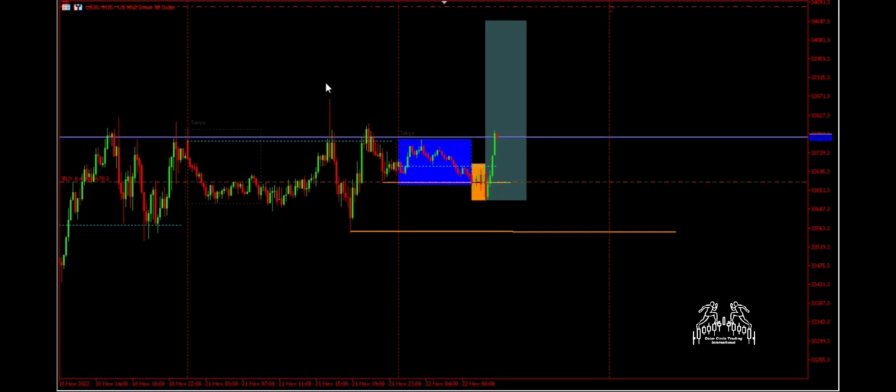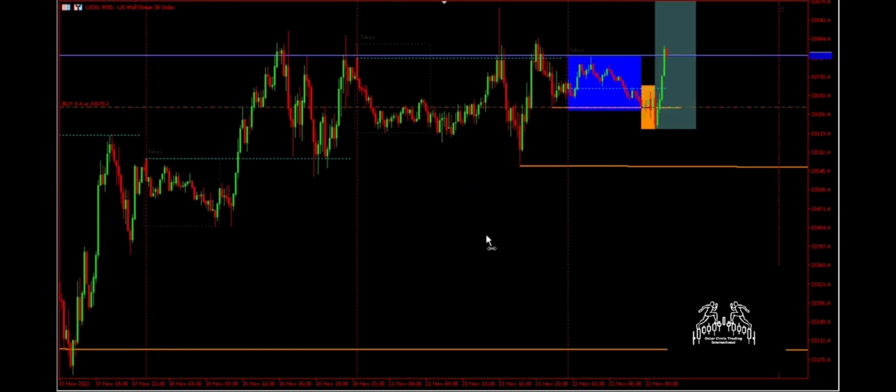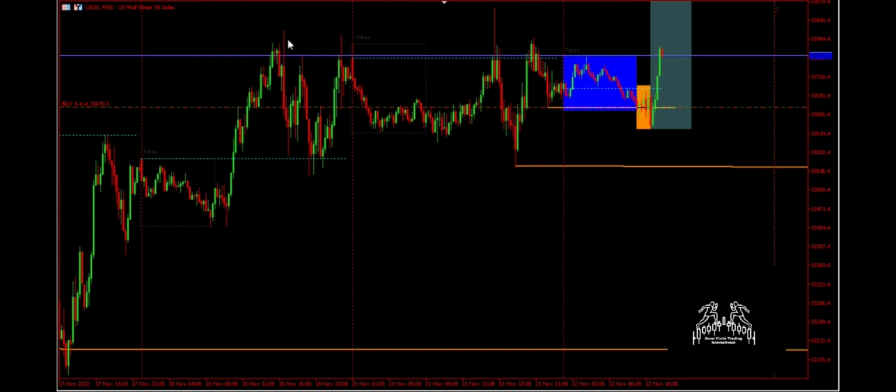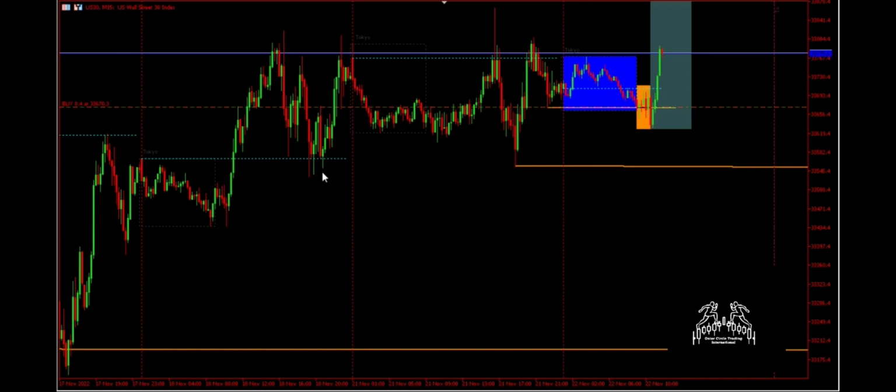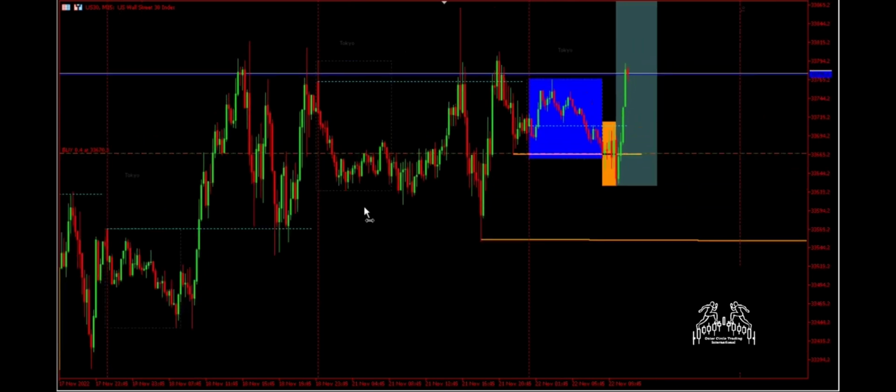So during the New York session, you might see a crazy pullback. If there was a rally during the London session, you need to anticipate a massive pullback in the New York session. For example, also you see a rally, New York session, this deep pullback, taking out this low and rally up, then distribute.